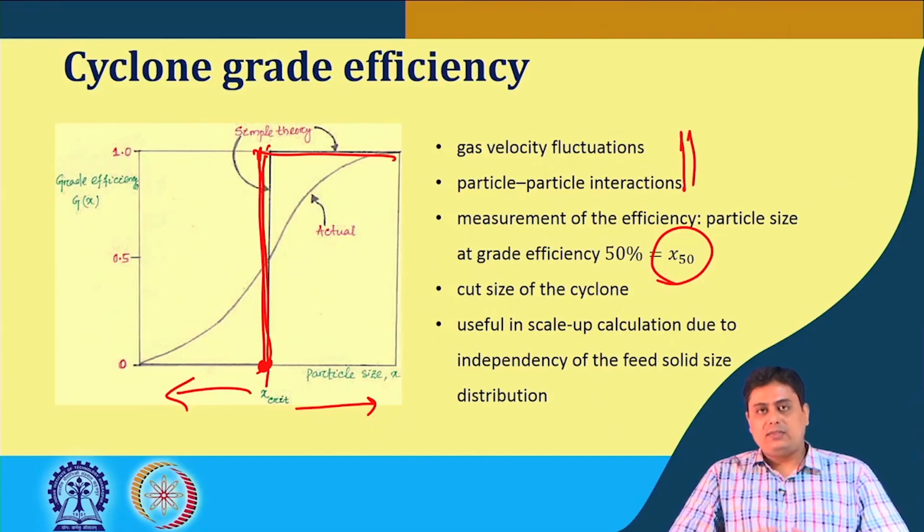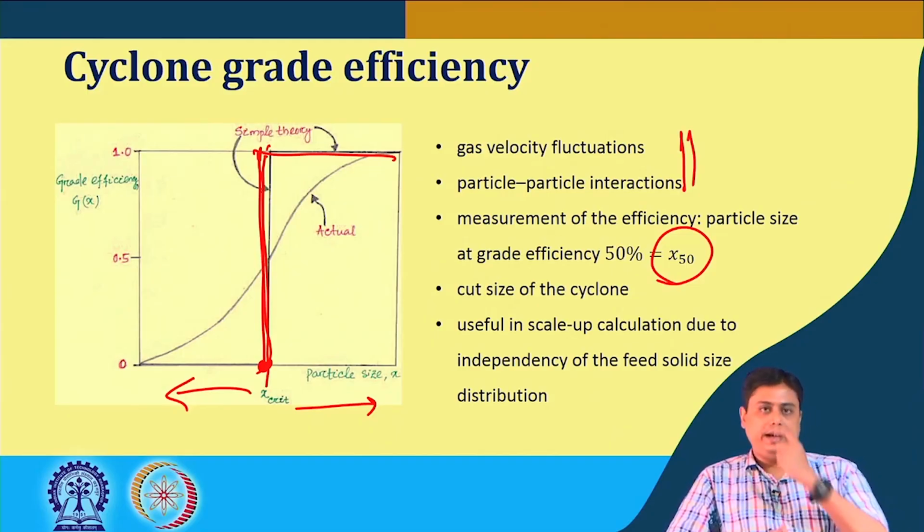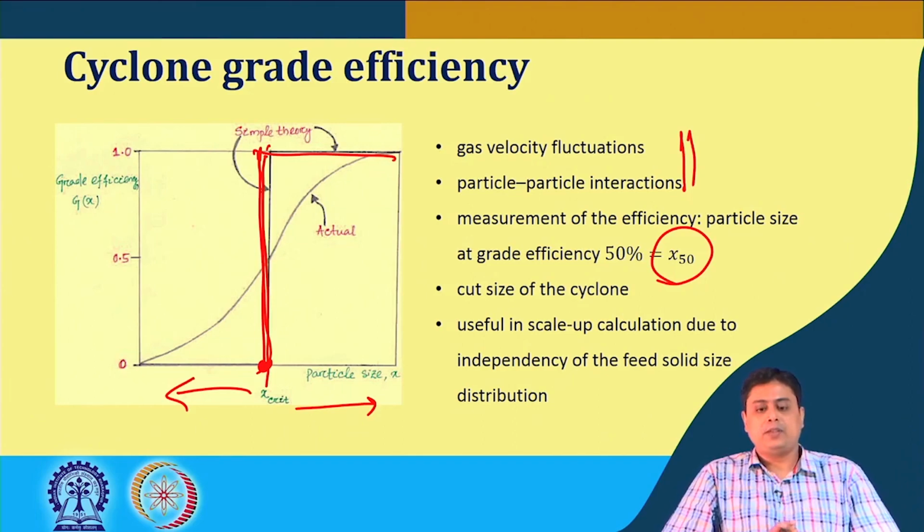So, why this 50%? X 50, the particle size at grade efficiency of 50%, because this is an equiprobable number, that 50% chances are there the particles of this size will be collected, of this x 50 size, the critical size.